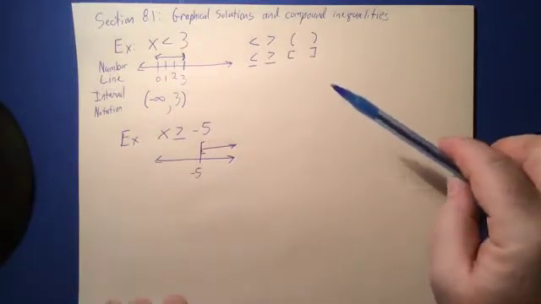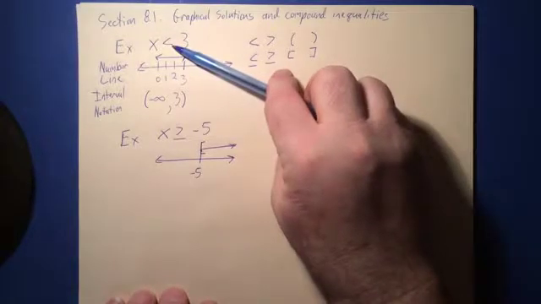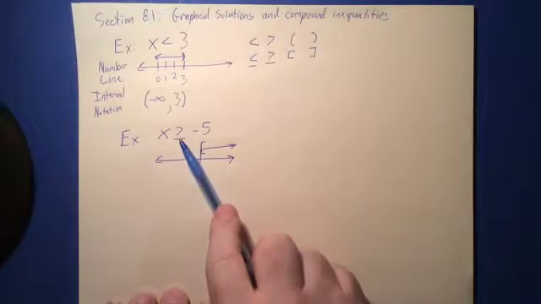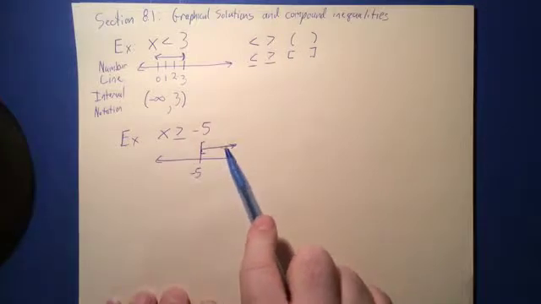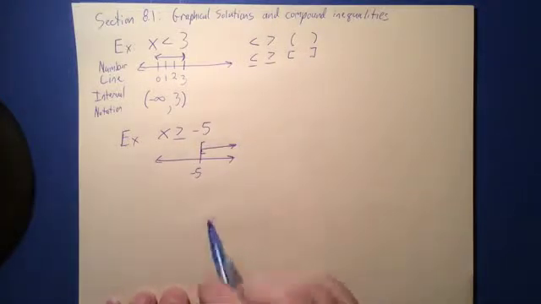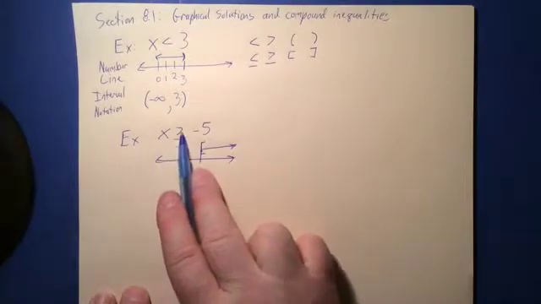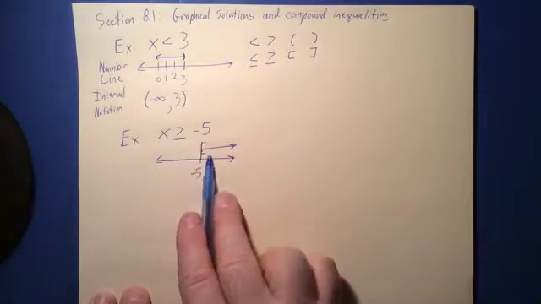So the main difference here is because this is less than only, we use a parenthesis as we indicate here. Because this is greater than or equal to, we use a bracket as shown here. So this is a representation of the solution, x is greater than or equal to negative 5 shown on a number line.